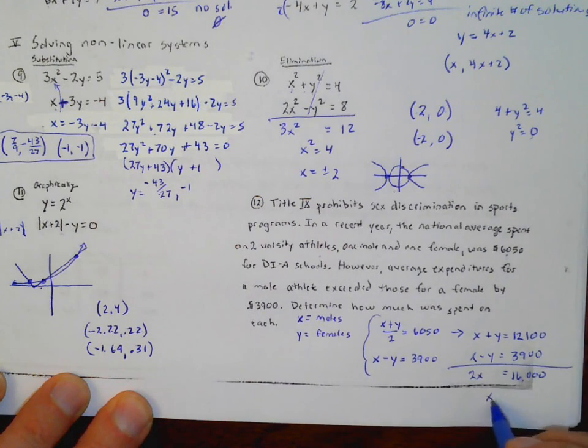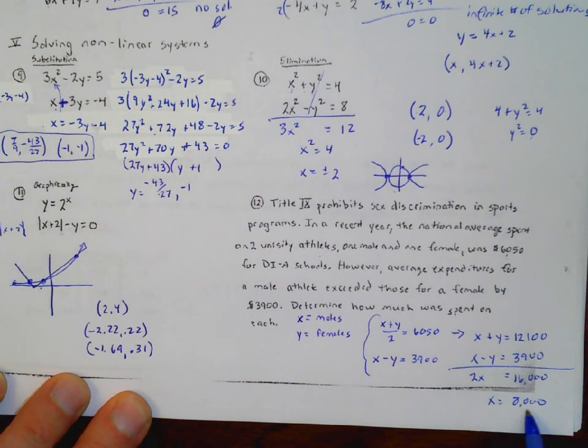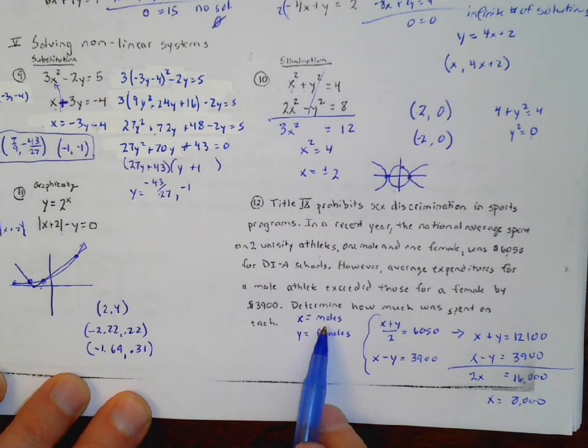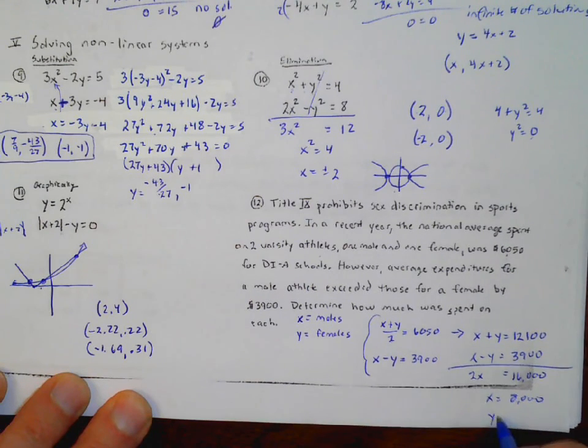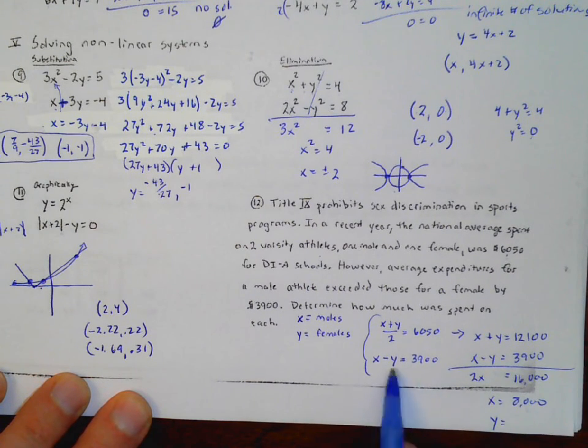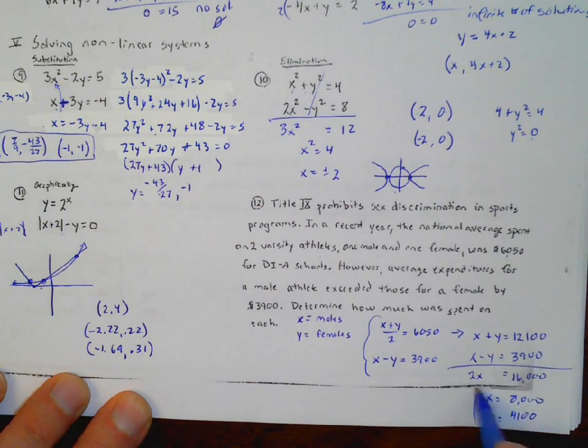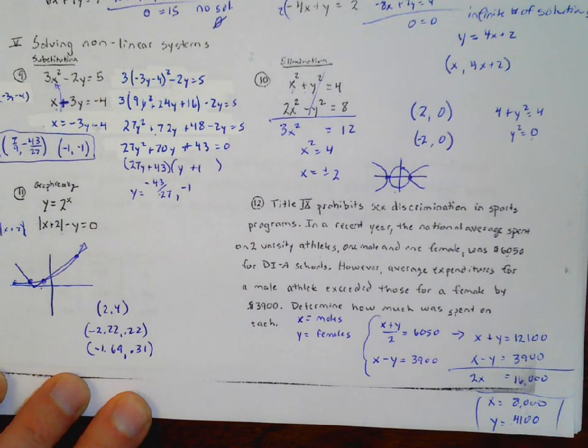And I divide, I get 8,000. Okay, so that means that there is $8,000 spent on males, the average male. And if I plug that in and subtract it and add in all that, I get y is 4,100. You can see that a lot less money was spent on females than on males.